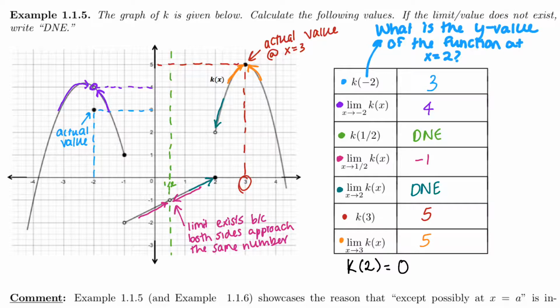Sometimes the function exists at 2, but the limit doesn't exist because it's broken up. And sometimes everything is the way it should be, and the value of the limit is the same as the value of the function. So there's a bunch of different things that can happen with these limits.